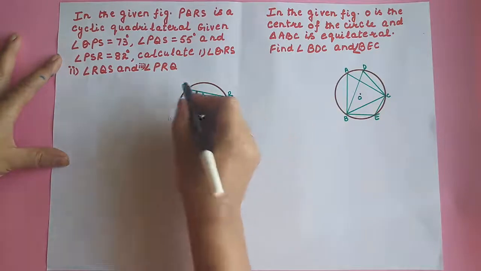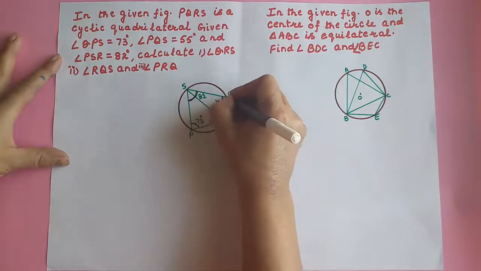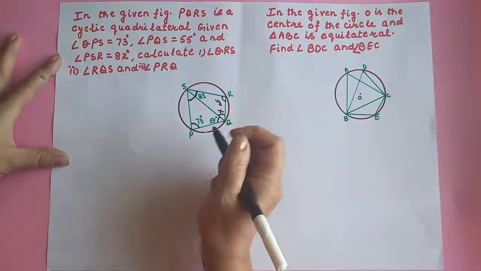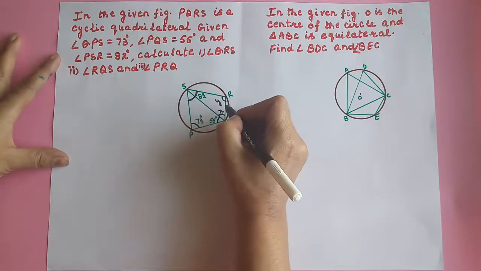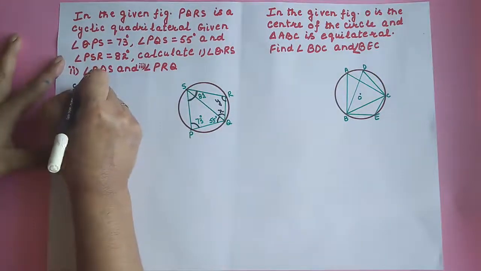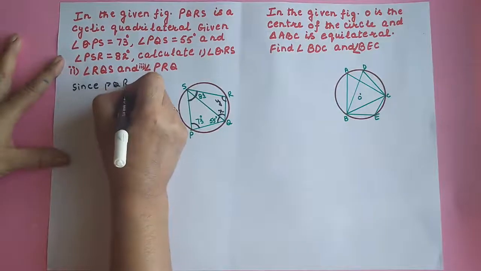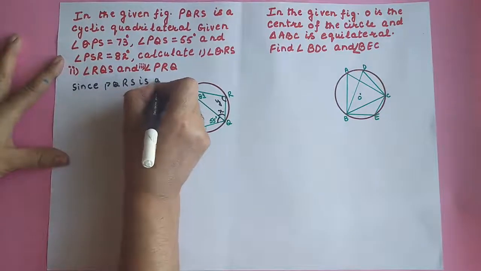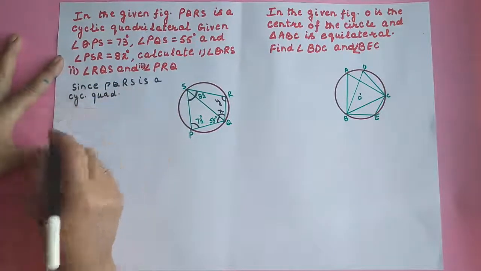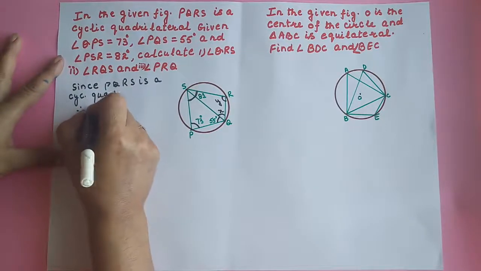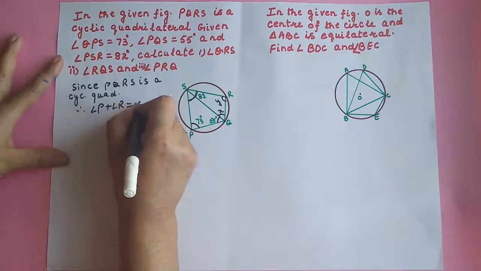Now, since PQRS is a cyclic quadrilateral which is given, and all the endpoints of this quadrilateral lie on the circumference of the circle, therefore the opposite angles of the cyclic quadrilateral are supplementary. So we can write that since PQRS is a cyclic quadrilateral, angle P plus angle R equal to 180 degrees.